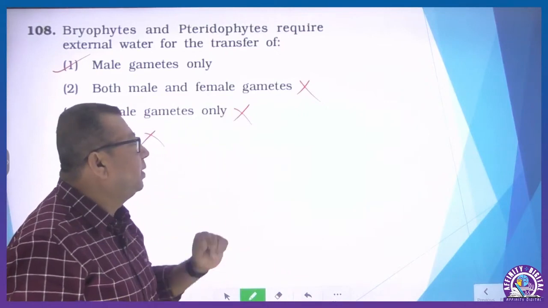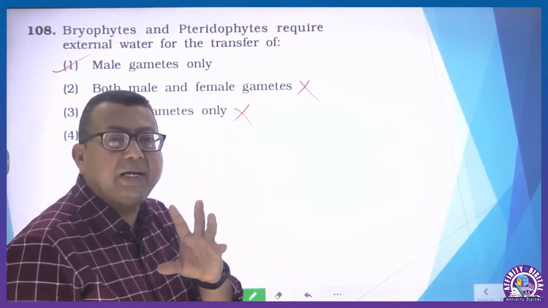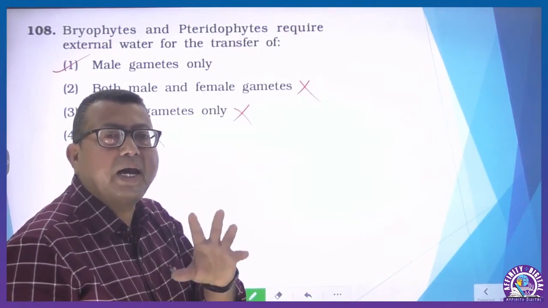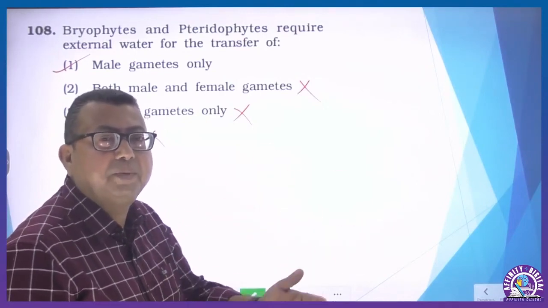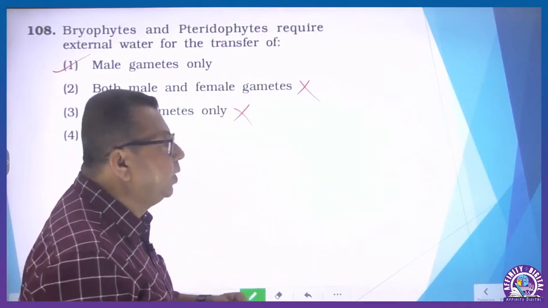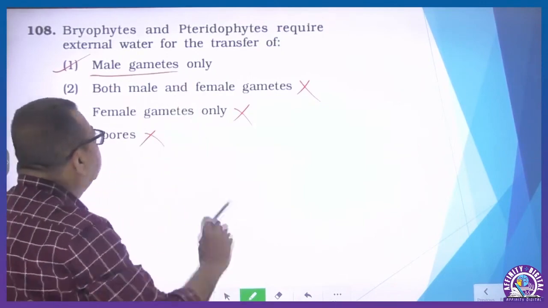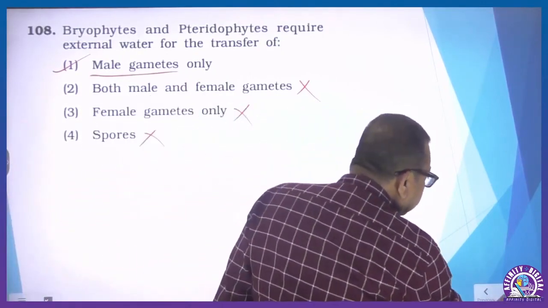But the female gamete of bryophytes and pteridophytes is stationary and remains within the archegonia. So, during fertilization, the motile male gametes are transferred by external water to achieve internal fertilization. So the answer will be option number 1.